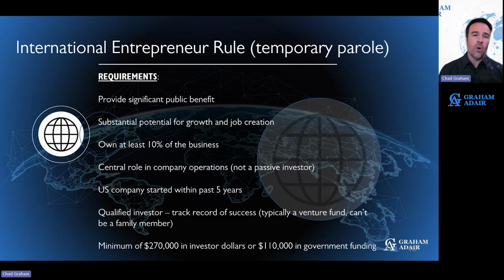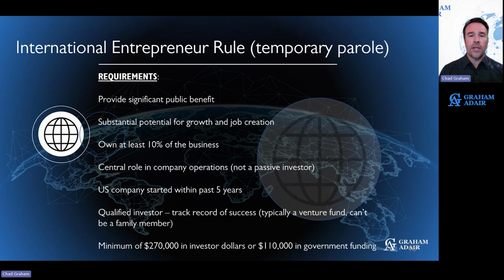And it needs to be what they call a qualified investor. So this is someone who, or an organization that has a track record of success with these types of investments. If you are working with a VC firm, venture capital, then you're likely to be able to show that this is a qualified investor because chances are they've done other types of investments.